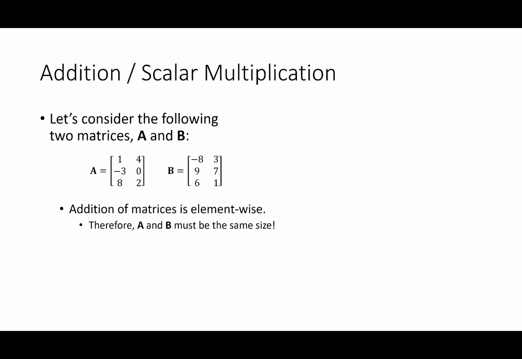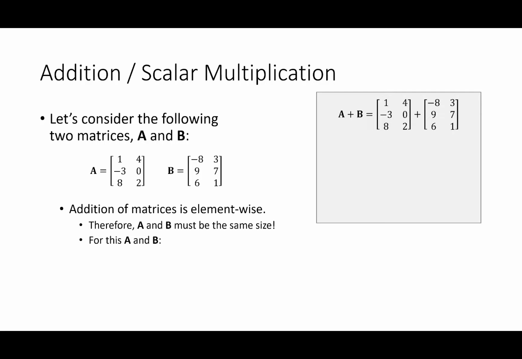So if you want to add 2 matrices, it's done on an element-wise basis. If I have matrices A and B and I want to add them, I would just say, okay, this plus this, this plus this, this plus this, this plus this. Just match up each of the terms and add them up one by one.